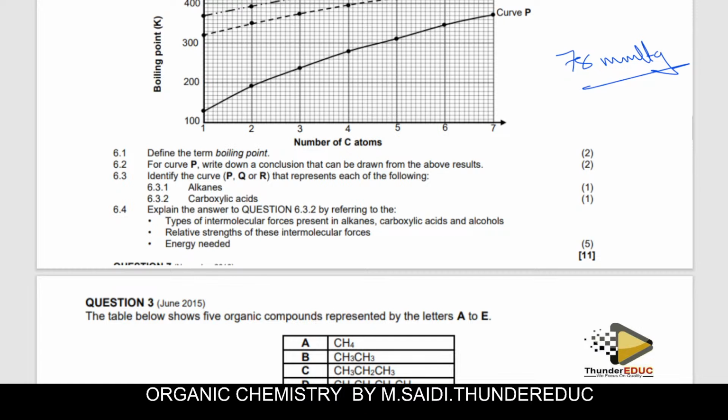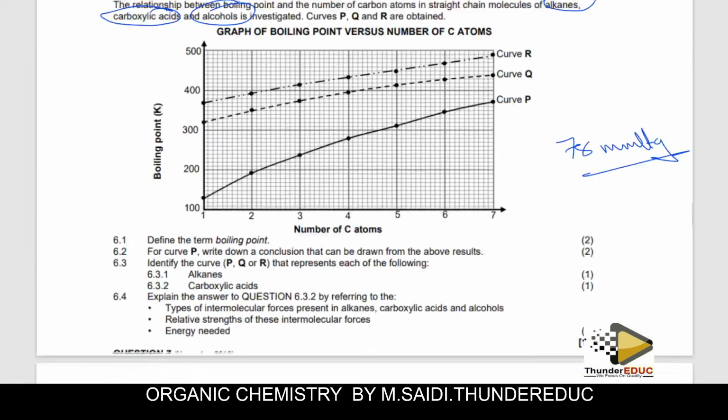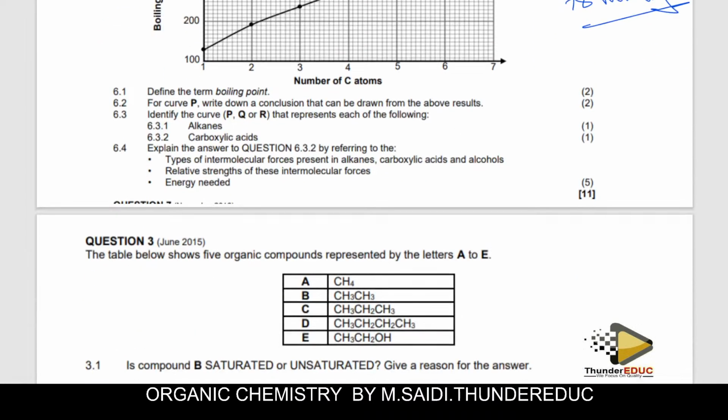So basically, I've talked about them. So alkane is P, and then carboxylic acid is R. Now, if you're explaining this, between alkanes we have London forces.